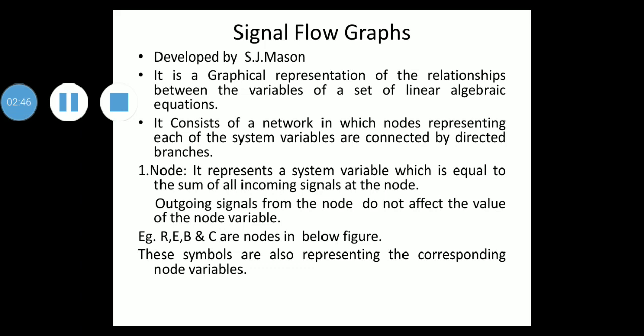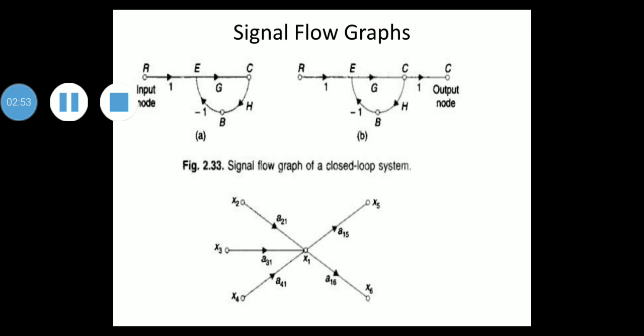For example, R, E, B and C are nodes in this figure. These symbols also represent the corresponding node variables.